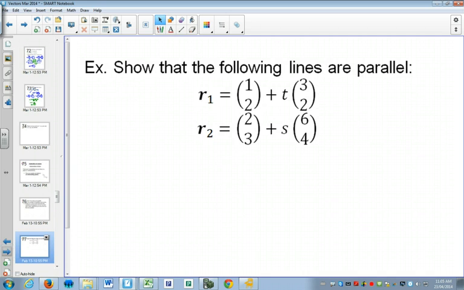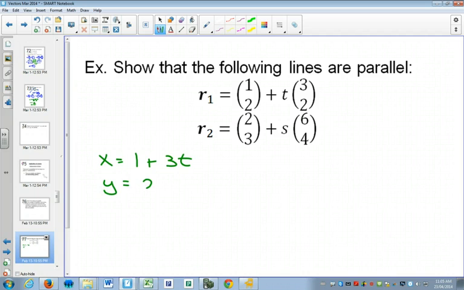Now, for this one, what we've got here, when we set up our systems of equations, when we write our parametric equations, for R1, we're going to have x equals 1 plus 3t, and y equals 2 plus 2t.